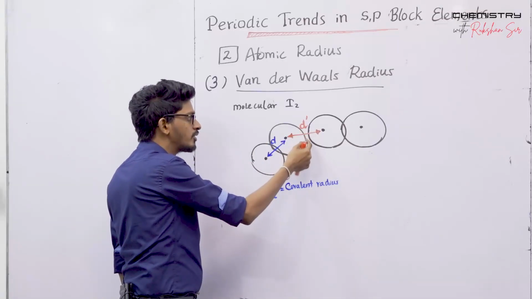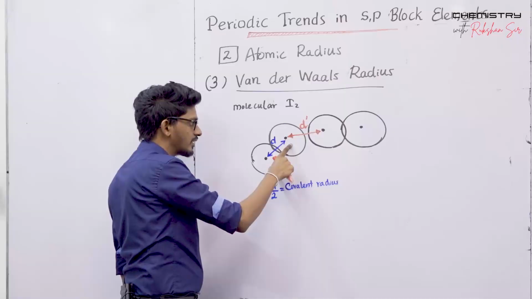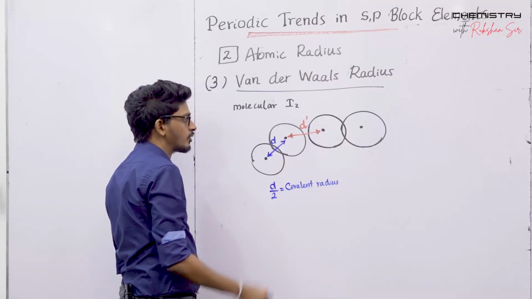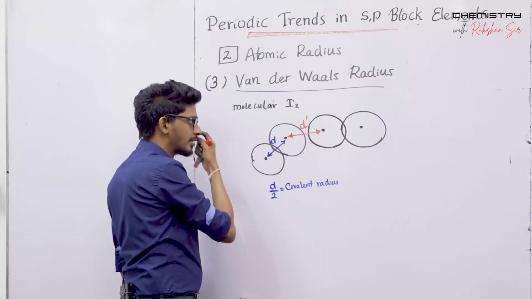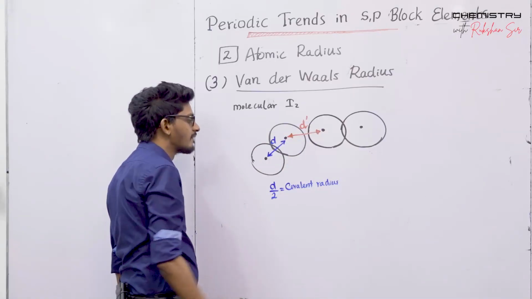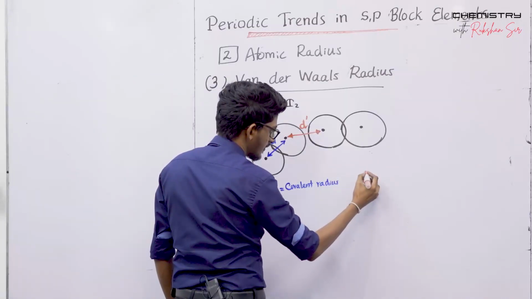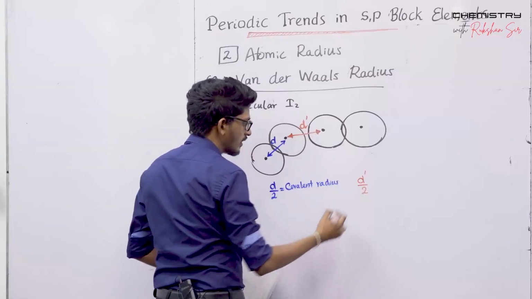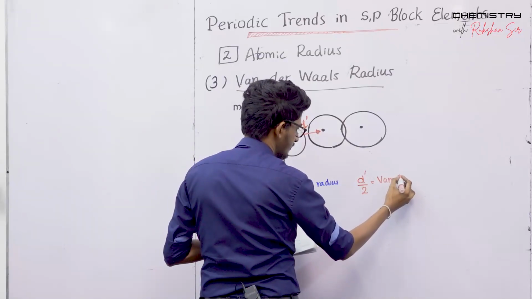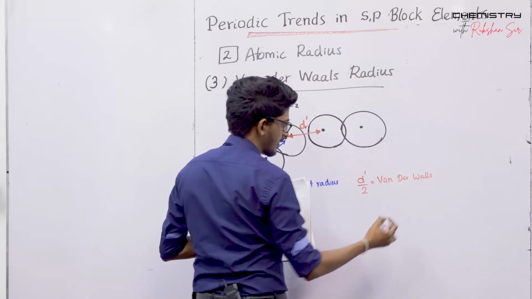You don't have a bond between these two iodine atoms. So when they are closely arranged, the distance between the two non-bonded iodine atoms, this D dash over 2, is your Van der Waals radius.